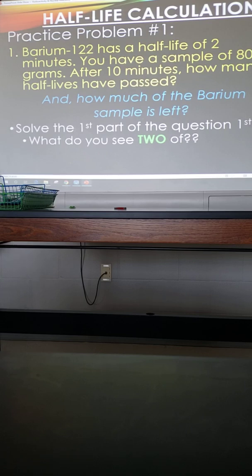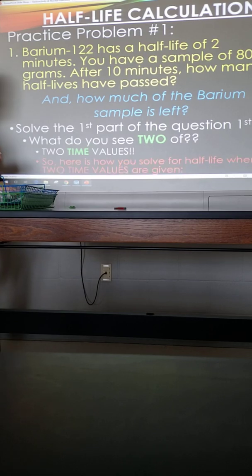We see 2 time values. I see 2 minutes and I see 10 minutes. So this is how you would go ahead with this type of problem if you're given 2 time values.